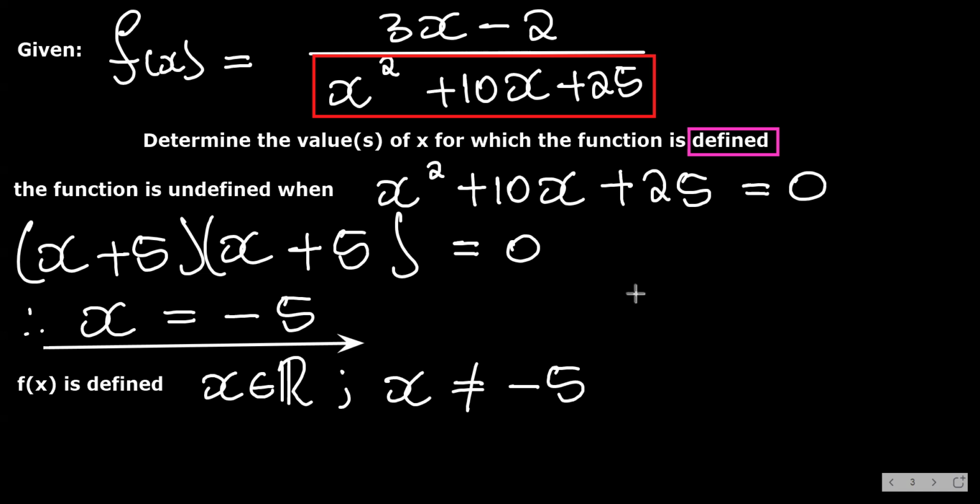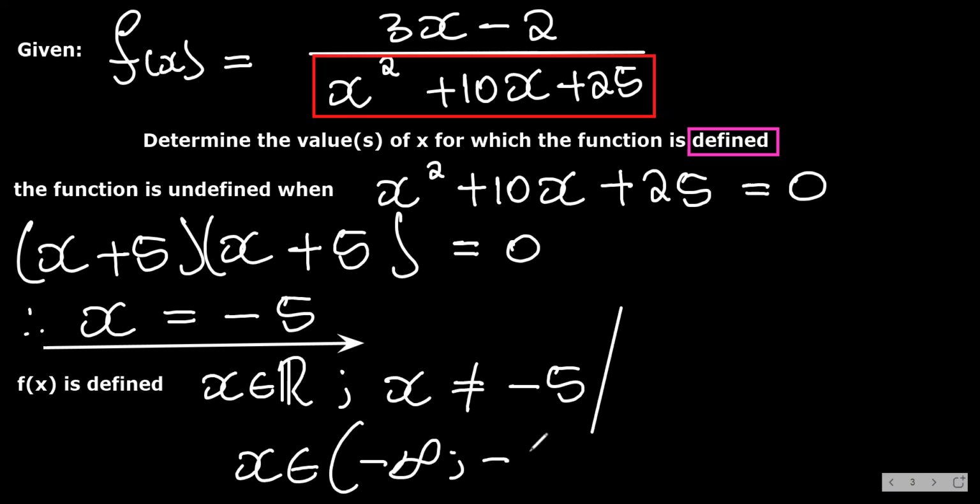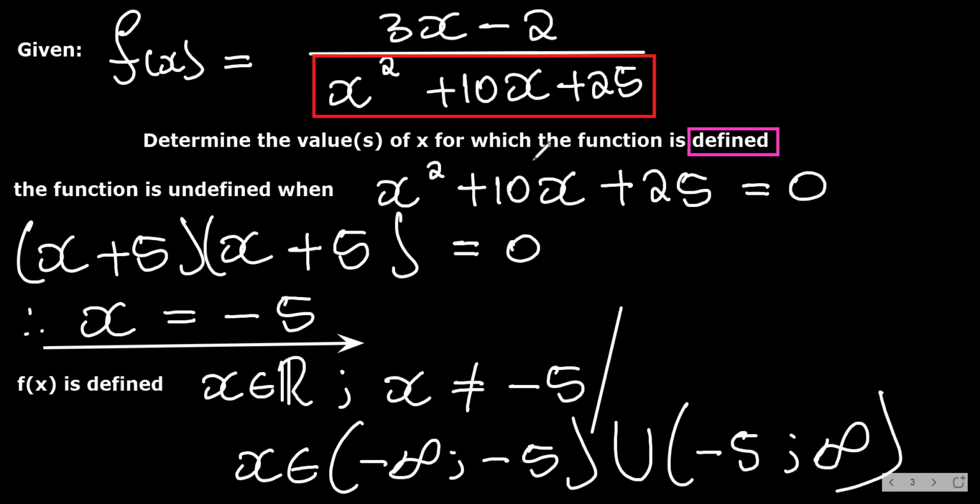But if you don't want to say this, you can write it in interval notation and say, well, it's defined for all the values of x from negative infinity up until negative 5, or from negative 5 all the way to infinity.